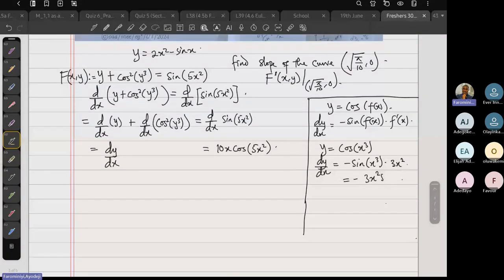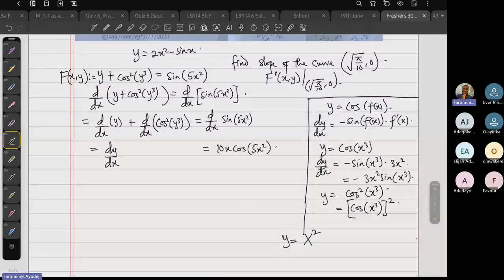All right. So what if we now have y equals cos squared x cubed? Y equals cos squared x cubed is the same thing as cos x cubed, everything squared. So the outer function here is a function that looks like y equals x squared.